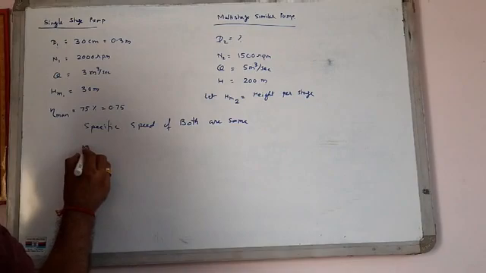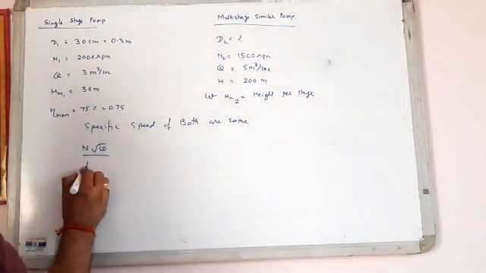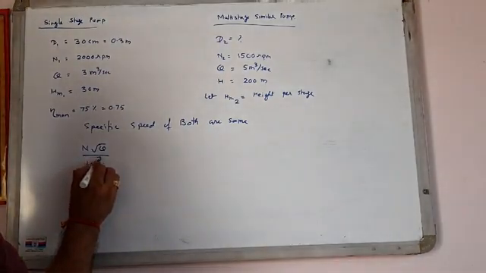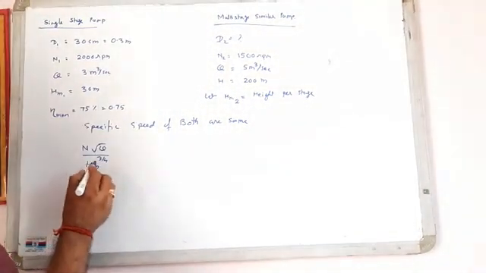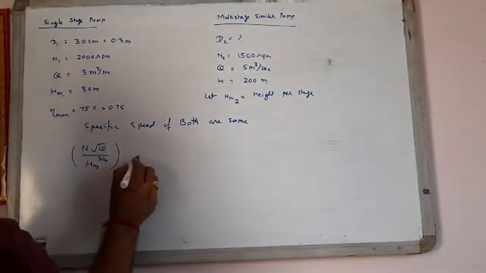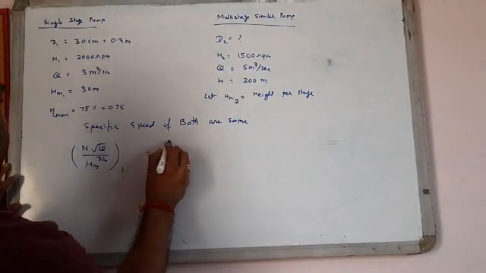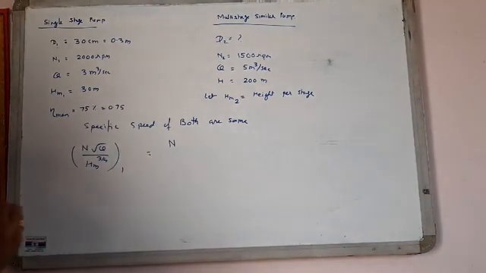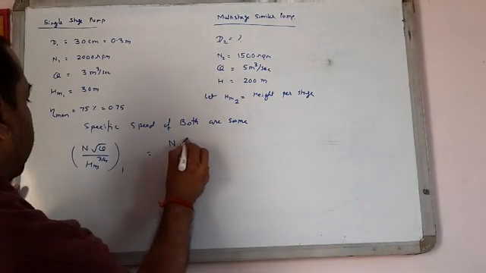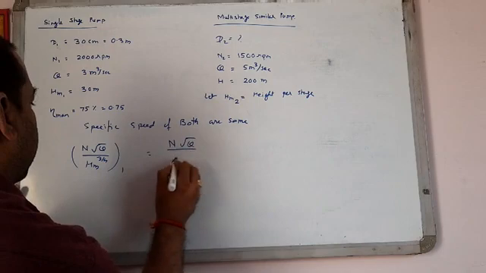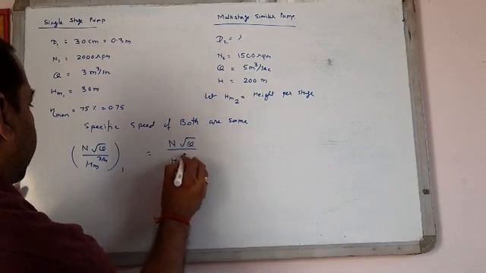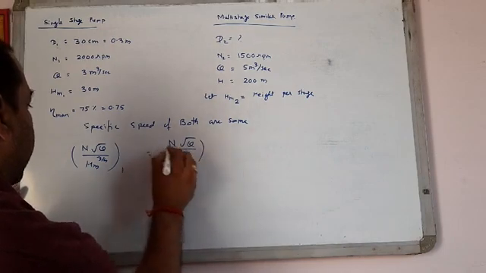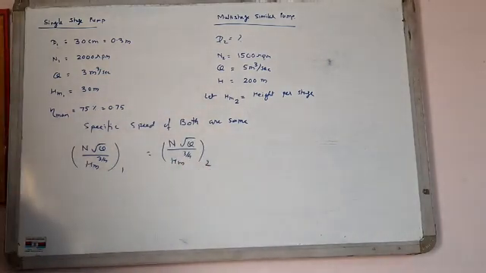So N root Q by HM to the power 3/4 of 1 equal to N root Q by HM to the power 3/4 of 2.